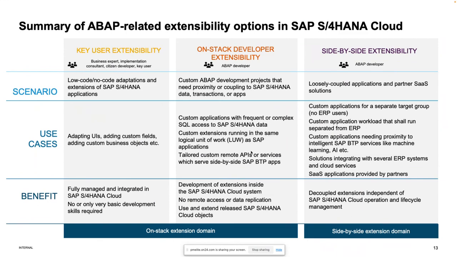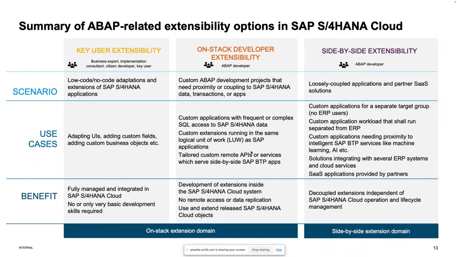This is a classical game for the ABAP developers, building on-stack extensibility which, for example, directly fits your use case and maybe has the need to run directly in the logical unit of work, in the same transaction or in the same session of your request. So thus, you can only do on-stack and not side-by-side.